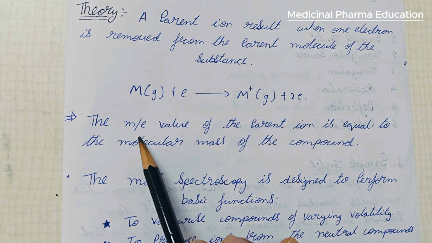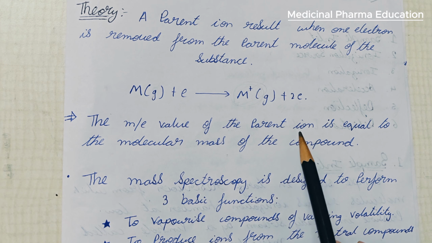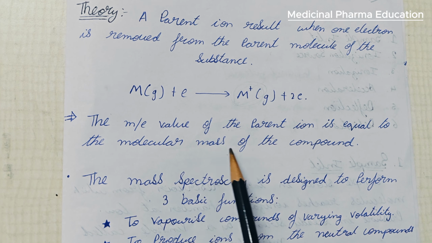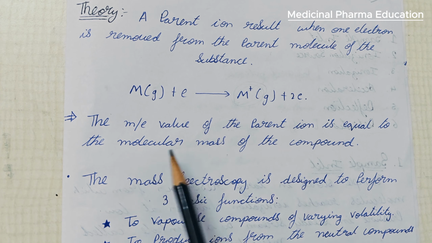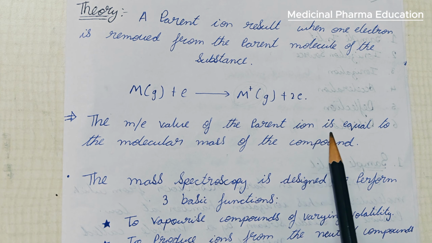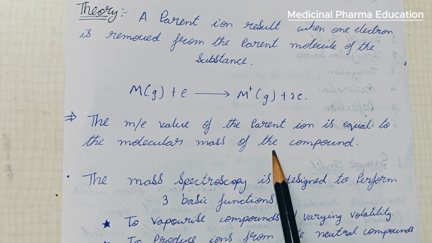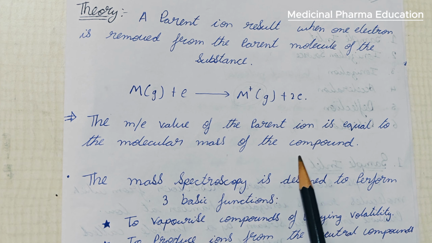We need this state for mass spectroscopy. The mass to charge ratio value of the parent ion is equal to the molecular mass of the compound.